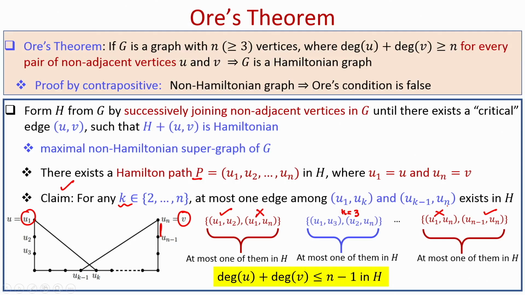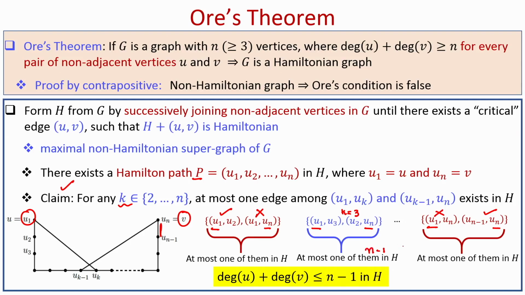So, the way I have collected the pairs of vertices here, I am counting the degrees of u1 and the degrees of un, and through each pair I either get 1 to the degree of u1 or 1 to the degree of un. Through none of the pairs can I get simultaneously a degree for u1 as well as a degree for un, and how many such pairs are there?